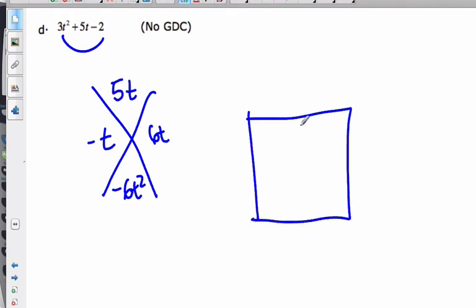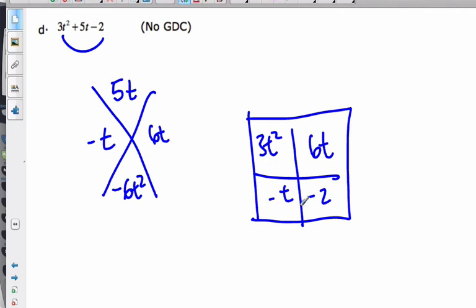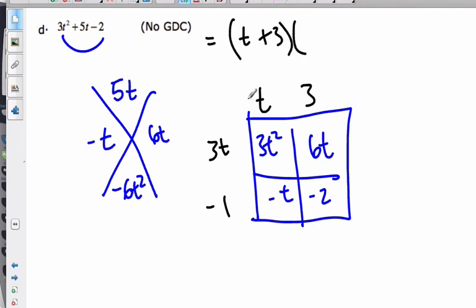I'm making the box quickly, and I get 3t squared, negative 2, 6t, and negative t. If I factor away, I have t, 3, 3t, and negative 1. And so to factor this, I have t plus 3 from here, and 3t minus 1.